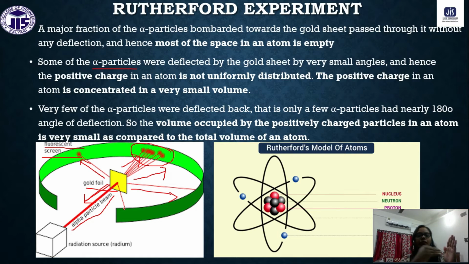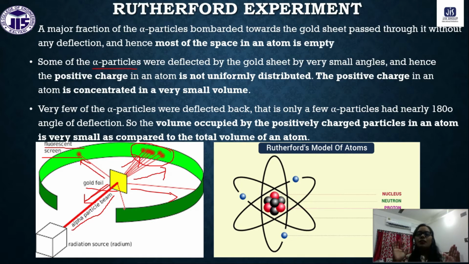It hits the heavy mass positive charge and is deflected back 180 degrees. That heavy mass with the positive charge is called the nucleus. Understand?